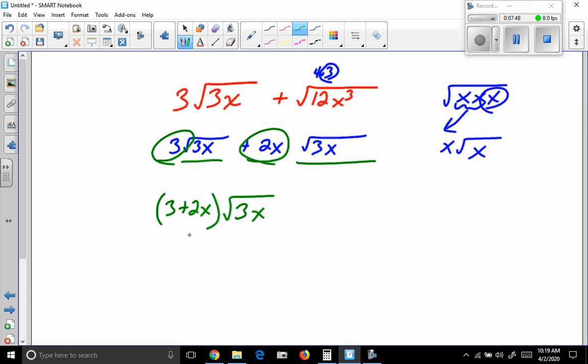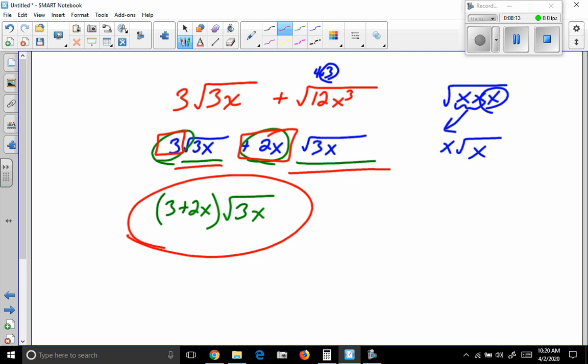Another way we can look at this is they have a common factor, which is the square root of 3x. So we can factor out that common factor, and if we take the common factor out here, we're left with a 3. If we take our common factor out here, we're left with a plus 2x. These are not alike, so we can't combine those any farther. So that's as far as we can go with this.